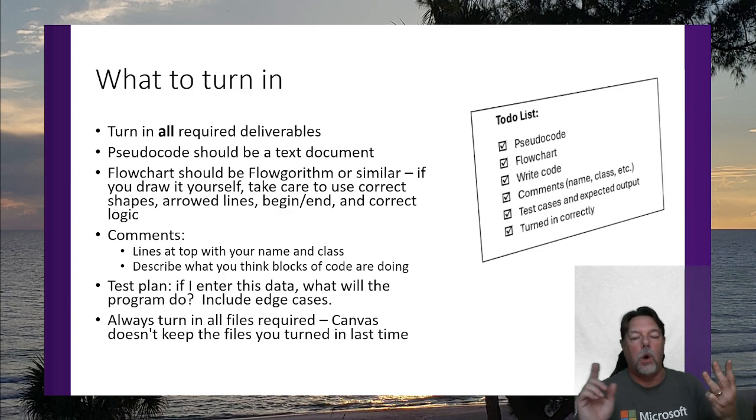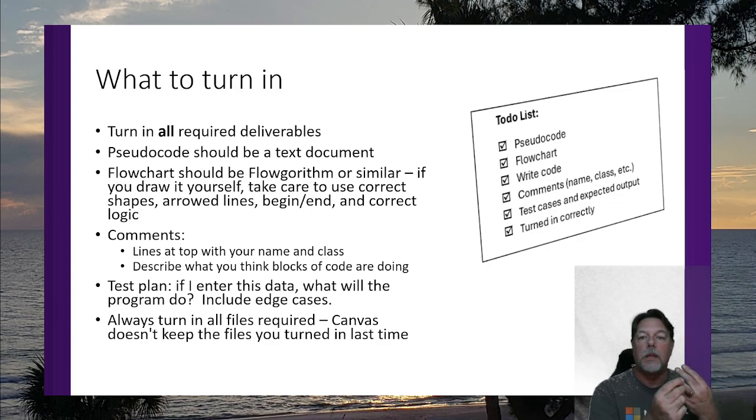Then you realize, I wanted to correct something, and so you go to your Python code, and you fix a typo, you add some comments, you polish it, make it look a little bit better. Then you go back to Canvas and you only upload that Python code. Well, I'm going to then count you off because Canvas didn't keep your flowchart and your pseudocode from your previous attempt. So every single time you make an update, you need to turn in all the files for the assignment. So that's a little gotcha hopefully I can save you from.